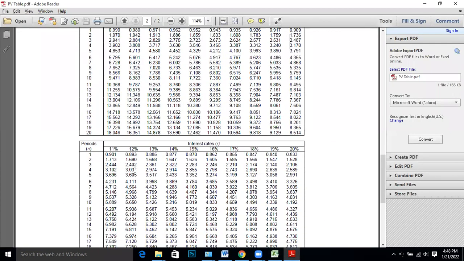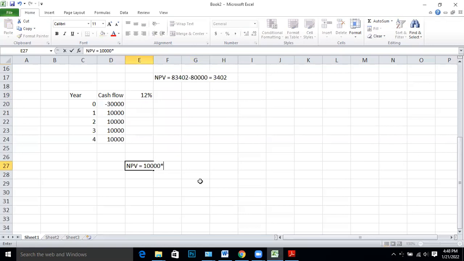You have 3.037 here. That's the PV of all those 4 cash flows minus 30,000, the investment. What's the answer we get? 370. Understand? So you can save a lot of time by doing it like this.